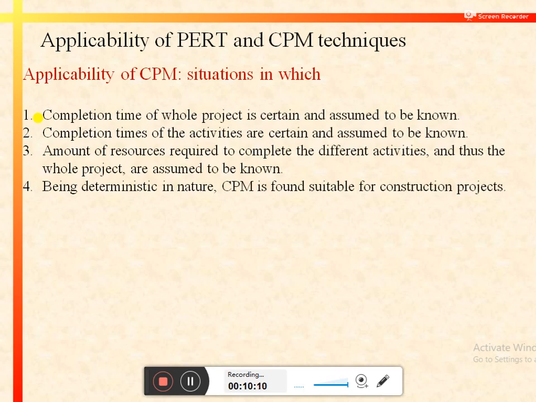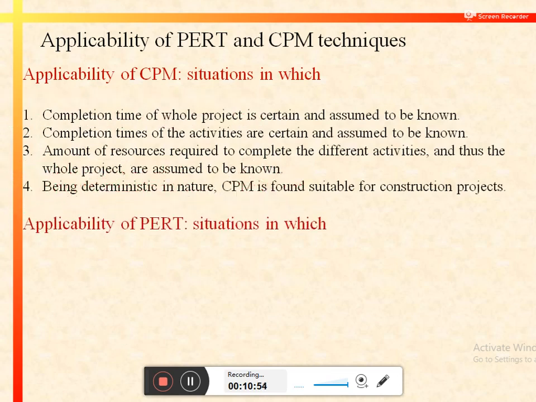So on the basis of these features or conditions, CPM is found suitable for construction projects that are repetitive in nature, and on the basis of past experiences and historical data, we can assume the completion time of different activities, or completion time of the whole project, and the amount of resources required for completion of different activities can be assumed with certainty. So under conditions of certainty, we can apply critical path method technique.